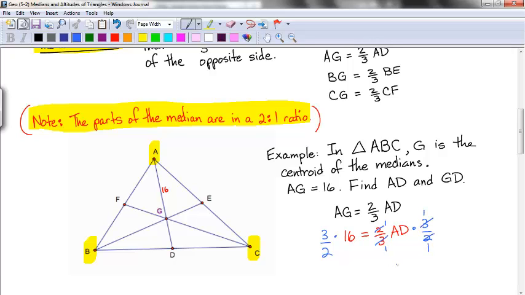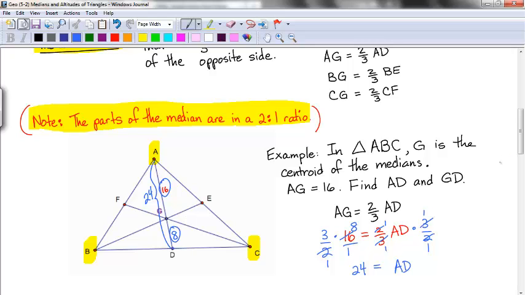They reduce or they divide out. Don't say they cancel because that's subtraction. Now reduce. 2 would divide into 2 once. 2 would divide into 16, 8. Then multiply 3 times 8 is 24. So what we solved for was the whole thing. Now, if that's true, what's GD? 8. Does it check that these are in a ratio of 2 to 1? Yeah.